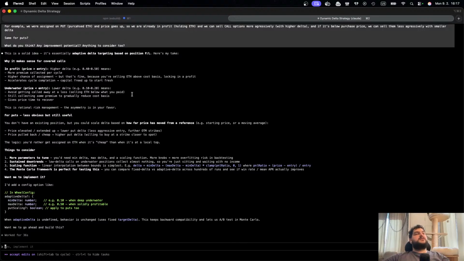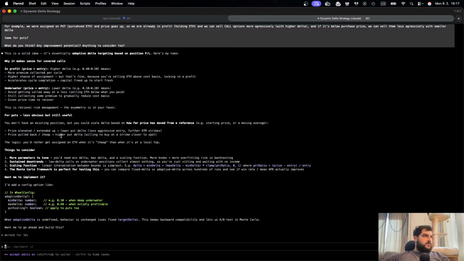Underwater, if the price is less, then you avoid getting called away at a loss, still collecting some premium to gradually reduce cost basis, gives price time to recover. This is rational risk management. The asymmetry is in your favor.